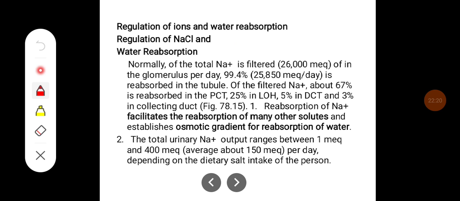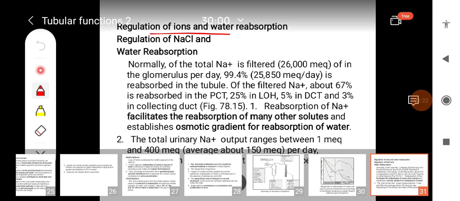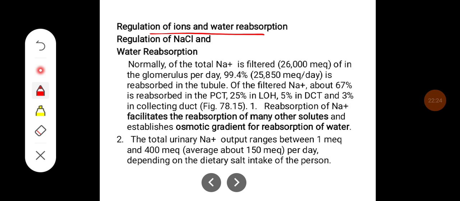Coming to the regulation of ions and water reabsorption. Normally, the total sodium filtered is 2600 milliequivalents in the glomerulus per day, and 99.4% is reabsorbed in the tubule.